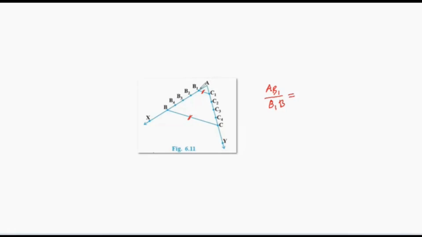So what will AB1 by B1B be in numbers? 1 by 4, right? Similarly on the right side, AC1 by C1C is also 1 by 4, right? AB1 by B1B is the same as AC1 by C1C. So the first part of the theorem is true.